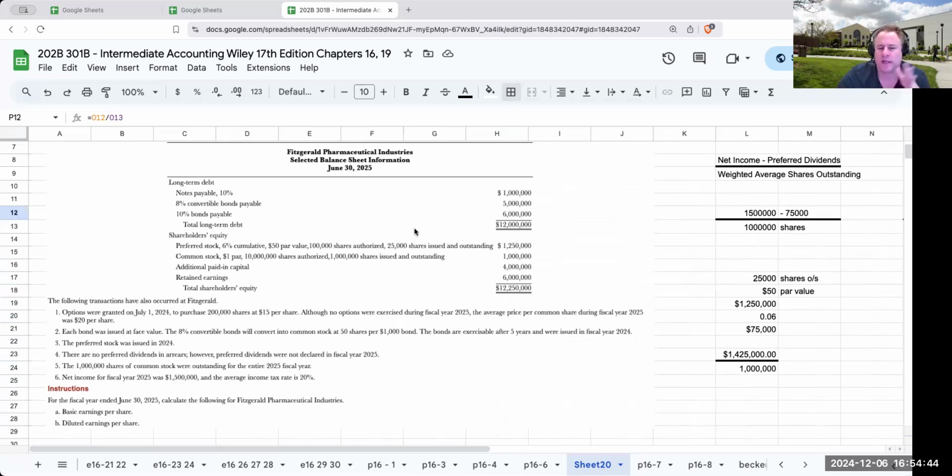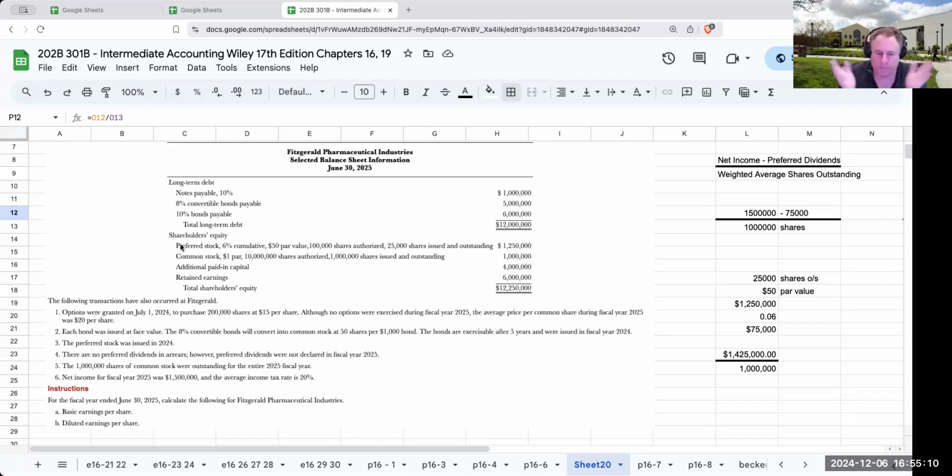Now, whenever we're looking at this, let's take a look at our first item up for bids here. I'm going to go to the options next, but I'm going to start over here first with the bonds. Note the preferred stock. It does not say anything about how it is convertible. It does not say convertible preferred stock, so that is not going to be a factor in our computation.